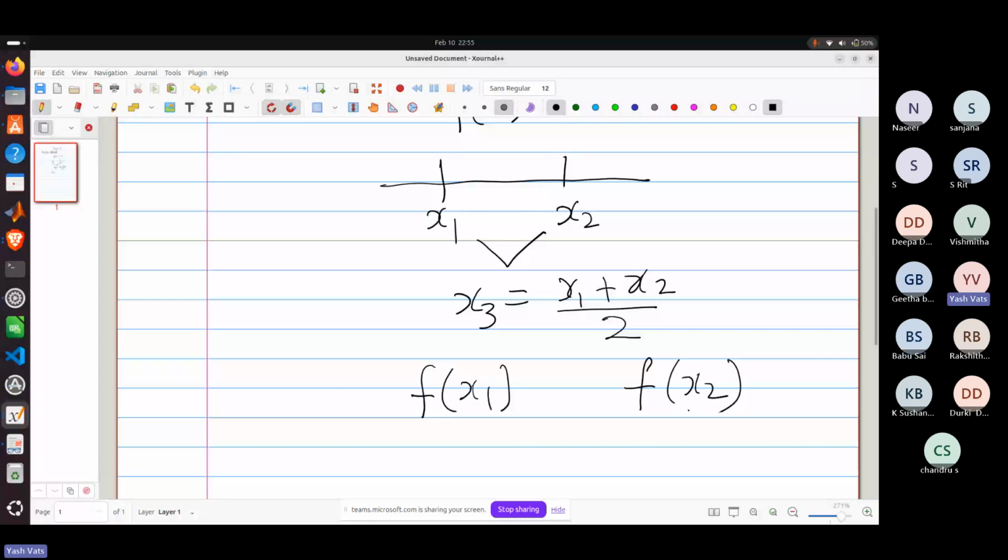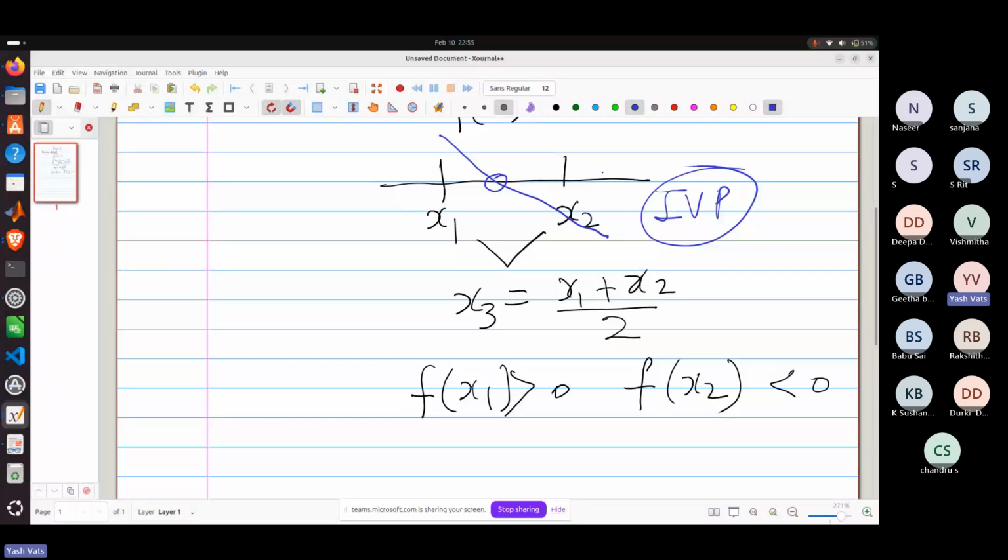If f of x1 is greater than 0 and f of x2 is less than 0, so the graph of the function is like this, f of x1 is positive and then there is somewhere where f of x is less than 0. It means that the function has a root. That's given by the intermediate value property if the function is continuous.